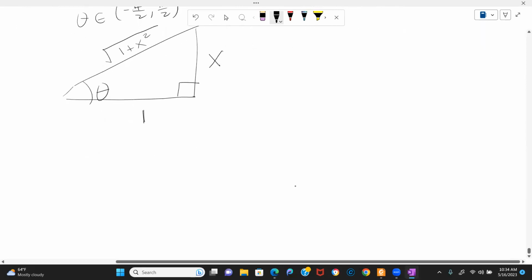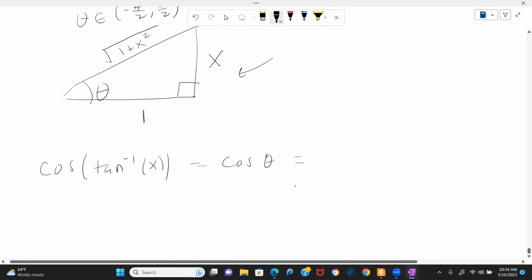So what we want to compute is cosine of tan inverse of x. Well, we just said that tan inverse of x is theta, so we're looking at cosine theta with respect to this right triangle. And we know that cosine theta is the adjacent side divided by the hypotenuse.